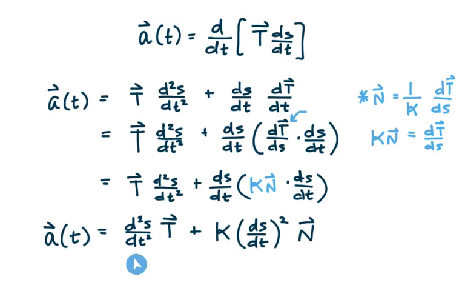We have a direction of motion accompanying the tangent vector and a direction of motion accompanying that normal vector.